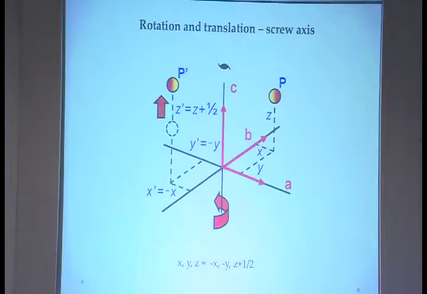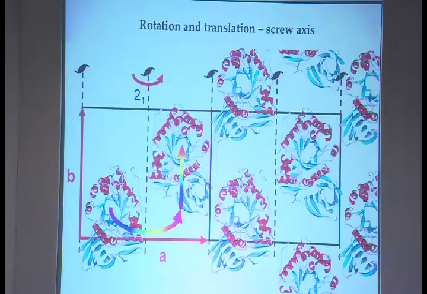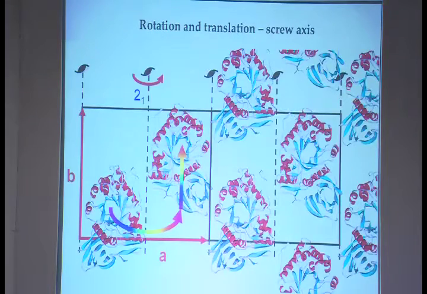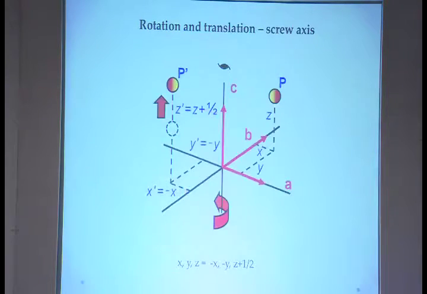So this would probably become easier from here. You've rotated, in this case, again, the TIM barrel protein by 180 degrees, and then you have translated it along half the unit cell. So you're generating a screw axis there, which is represented by this sign. And again, you can figure out the coordinates of the equivalent position.